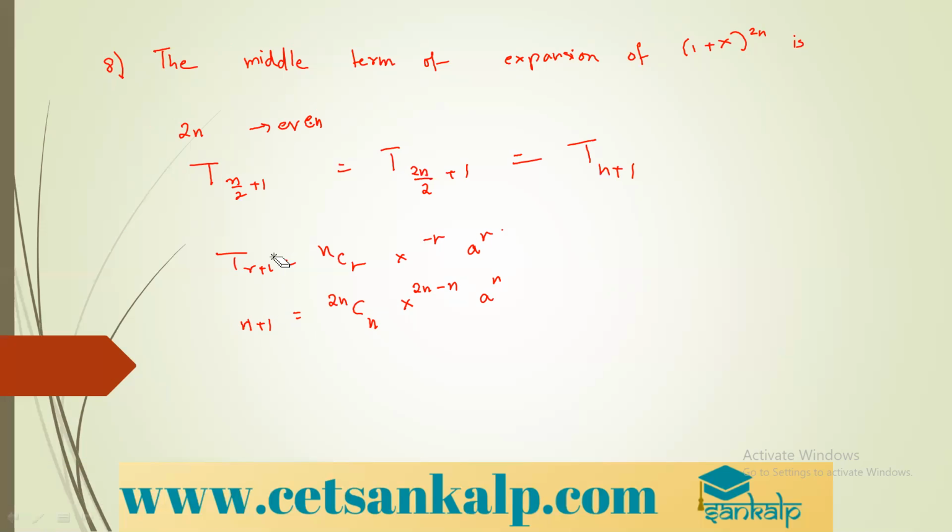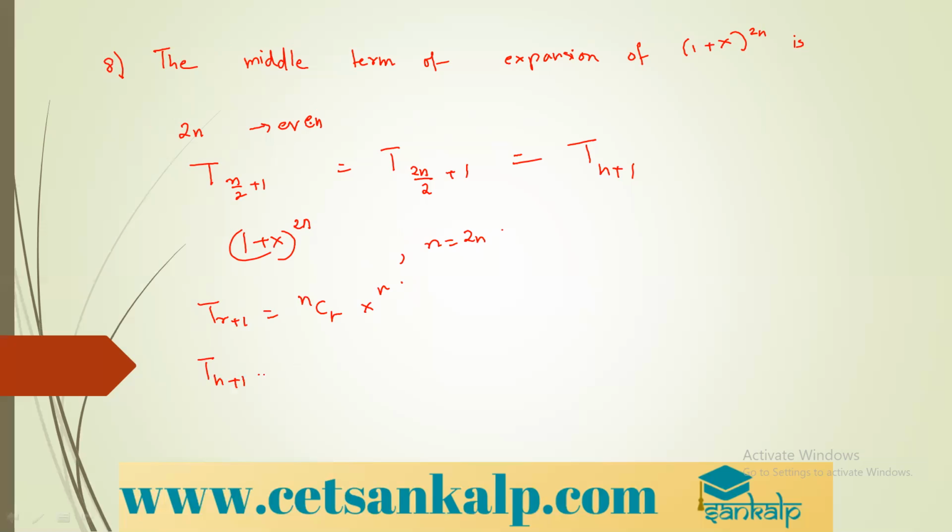Otherwise, you can take the general term in another, easy formula also. Instead of this difficult one, you can take 1 plus x whole power 2n. Here the power n is 2n. The general term you can take nCr x power r. Because we are finding Tn plus 1, the power is 2n, r is n, x power r is n.